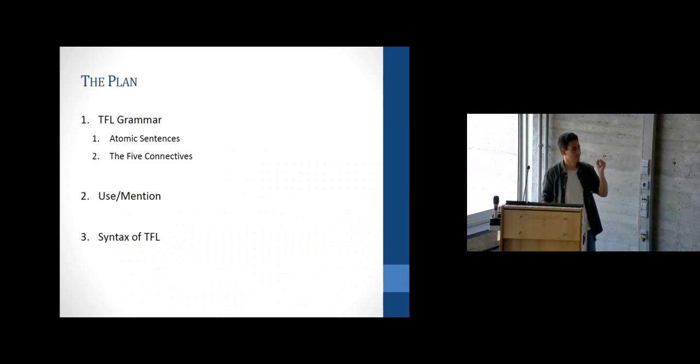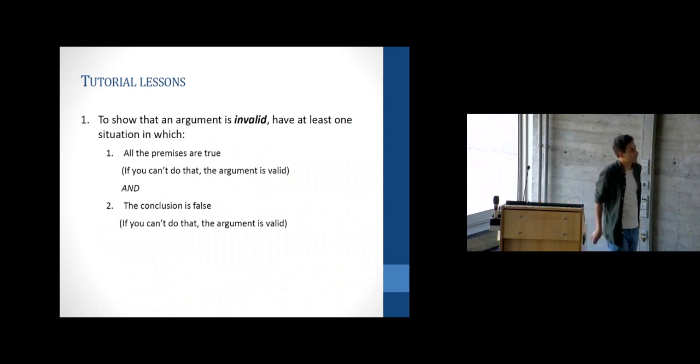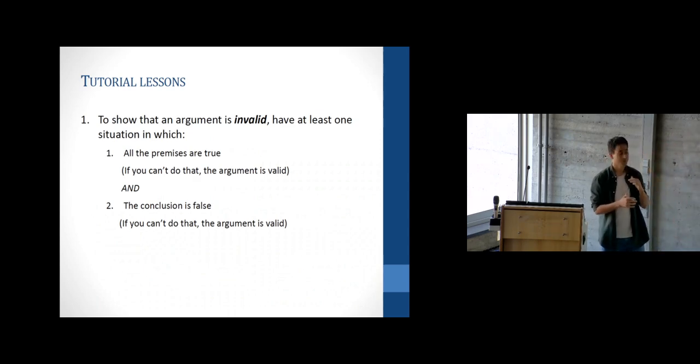For those of you who have been to the tutorial, what I take to be the main lesson from our tutorial on Thursday is that when you think about the notion of validity, it's sometimes easier to think about the opposite notion of invalidity, and then work in steps.